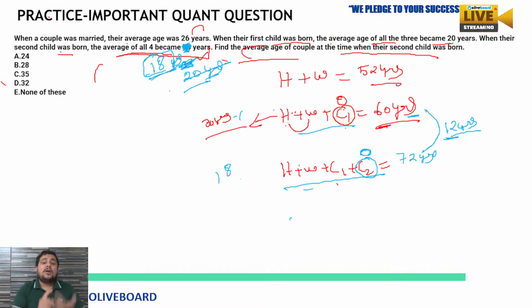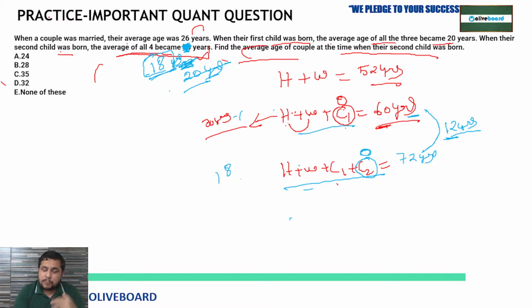But you all know, if we are moving forward, if I say, okay, after 2 years, my age will be 2 years more than my present age. So you will say, sir, for me also it will be considered. If I am 20 years old, then after 2 years, I will be 22 years. And if I am 30 years old, then after 2 years, I will be 32 years old.